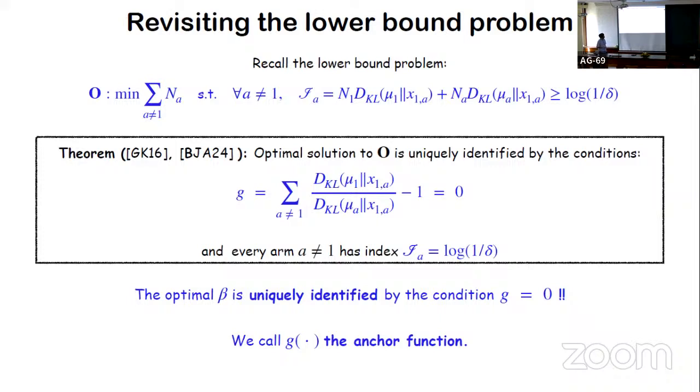But added to that, I have this additional constraint that this ratio of the KL divergence terms must add up to 1 for this particular optimal allocation, and it appears that there is a unique allocation that satisfies these two conditions, and that unique allocation actually gives us the optimal beta. The optimal beta is given by this condition G equal to 0 and also the equality of these indexes, and we call this G the anchor function.